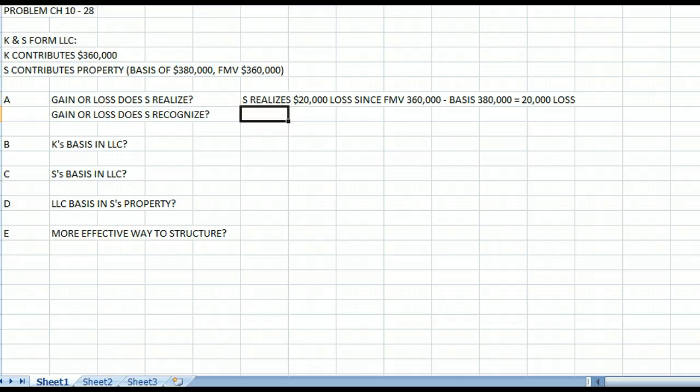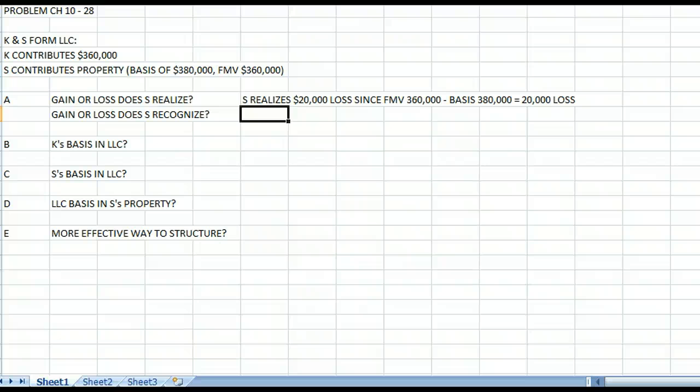Remember, in your chapter it talks about section 721, which contains the general rule that when you transfer property to a partnership, no gain or loss is recognized to the LLC or any of its members in exchange for the capital interest. Capital, whether it's actual property or cash, is still considered property.